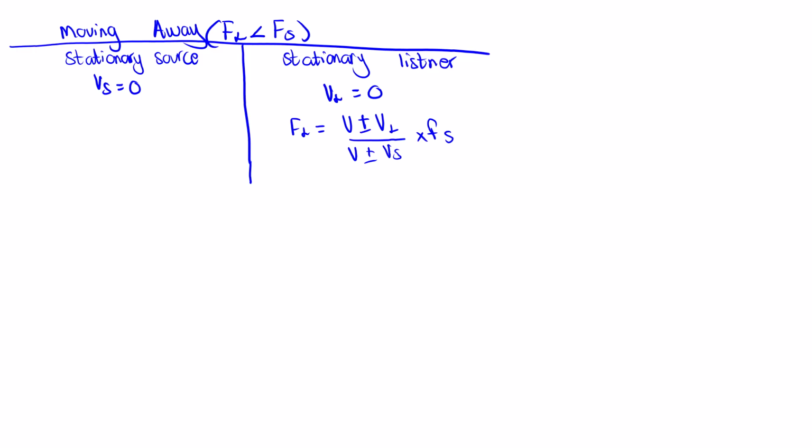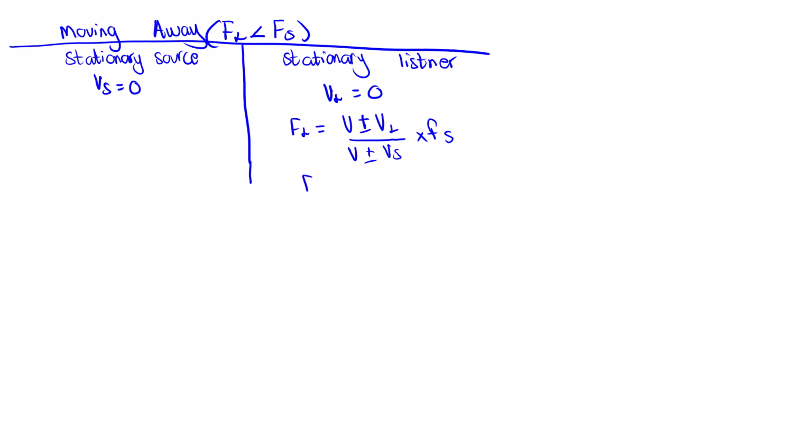Because we are now moving away, my denominator has to increase while my numerator decreases, right? And I just said for you to understand what's actually going on, you have to sit down and actually think: why do we increase the denominator and decrease the numerator as my source of sound is moving away, or I am moving away from the source of sound, right?